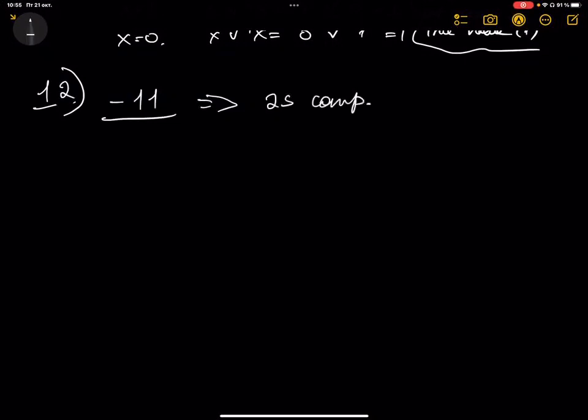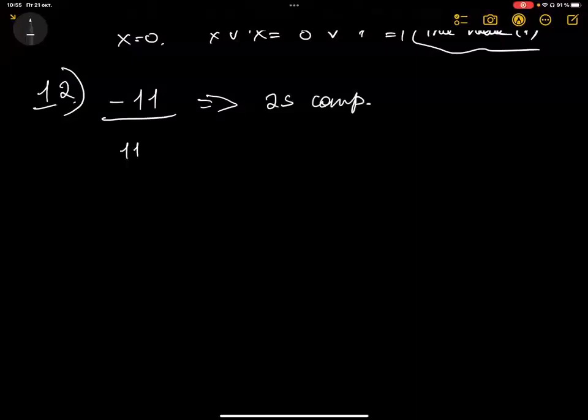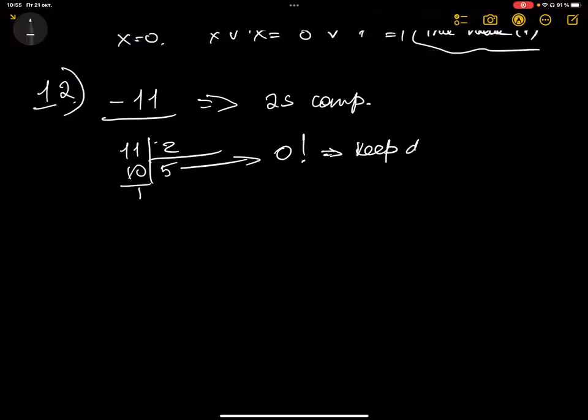So firstly, you have to convert 11 to binary, and then to 2's complement, okay? How to convert decimal to binary? You have to keep dividing by 2. For example, 11 divided by 2, it's going to be 5, remainder 1, and you keep dividing, noting the remainder, until you get the outcome 0, okay? Until 0, keep dividing.